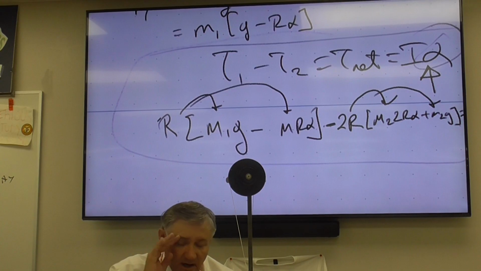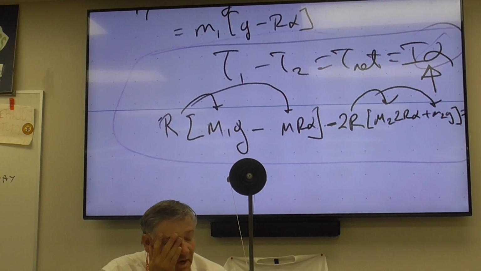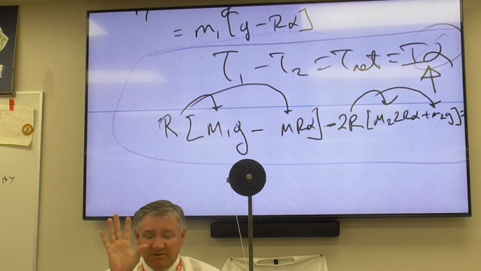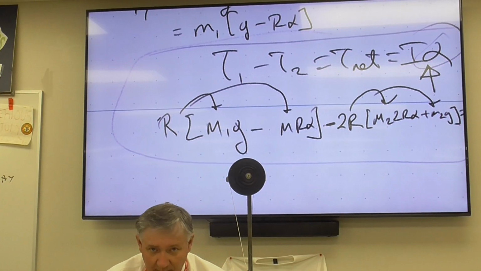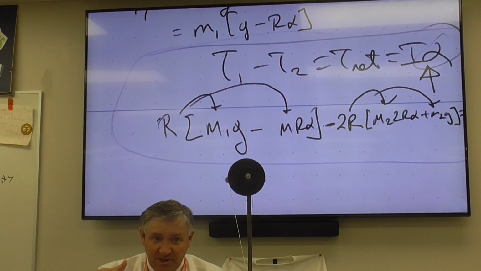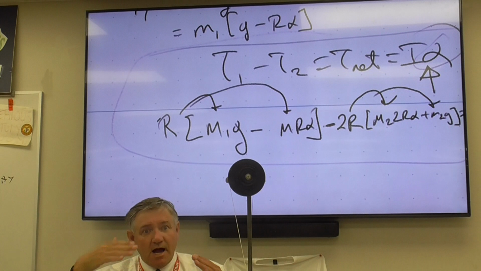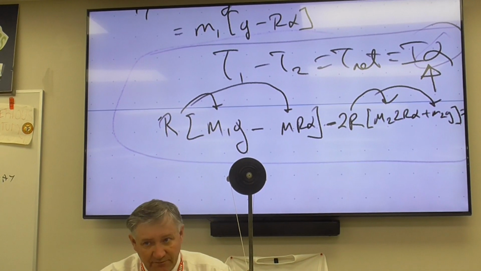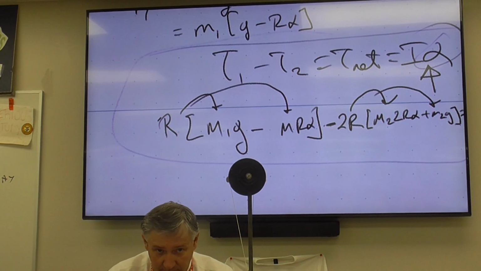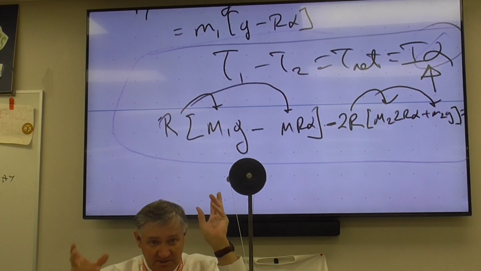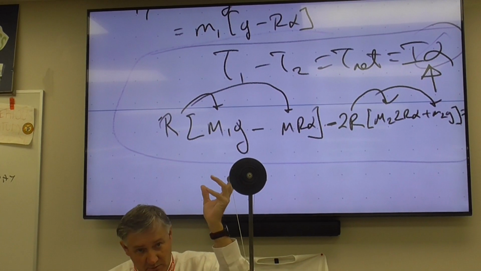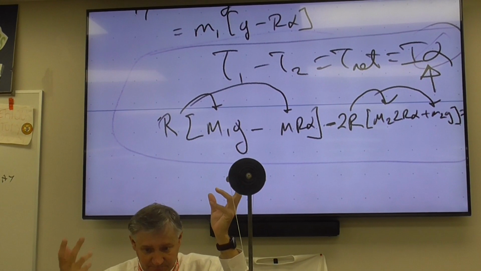So, like I said, on the test, I am not going to expect you to derive this whole thing. I'm going to expect you to be able to realize, how can I derive the formula for the tension? Which tension, is the tension bigger or is the gravitational force bigger?